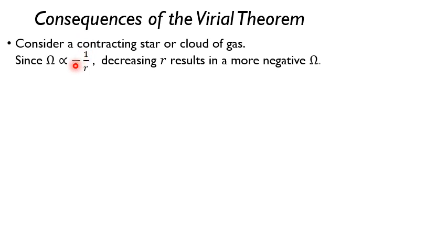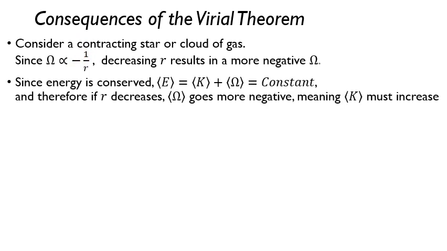And so then the potential is going to become more negative. All right. Total energy is going to be conserved if the object contracts. So the average energy here, or really the average is equal to the total because it never changes.